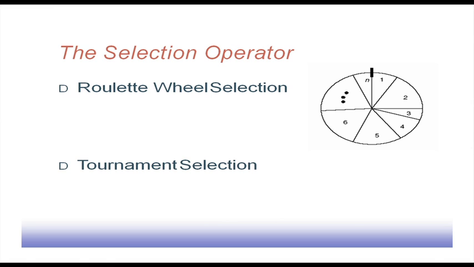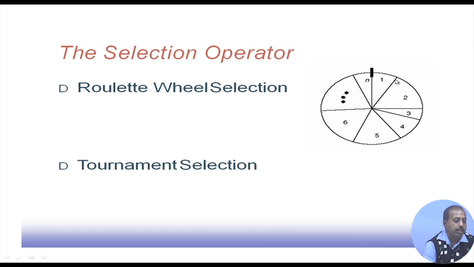This selection process can be made using two different techniques. One is called roulette wheel selection, another is called tournament selection. In roulette wheel selection, individuals 1 to n are put on a roulette wheel. Depending upon the fitness of individuals, each is assigned a range of values on this wheel. Say individual 6 has the largest fitness, so it is given this much region of the wheel.